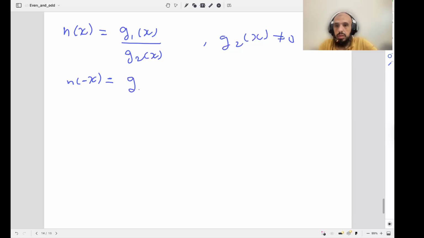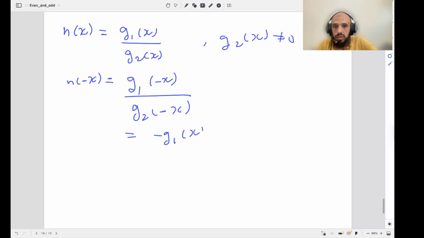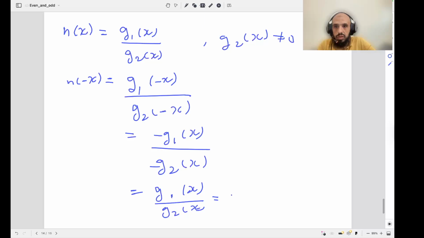It equals g1 of negative x divided by g2 of negative x, which is equal to negative g1 of x divided by negative g2 of x, and the negatives will cancel out, so we get the original g1 of x divided by g2 of x, which is the original function n of x. So this is an even function.